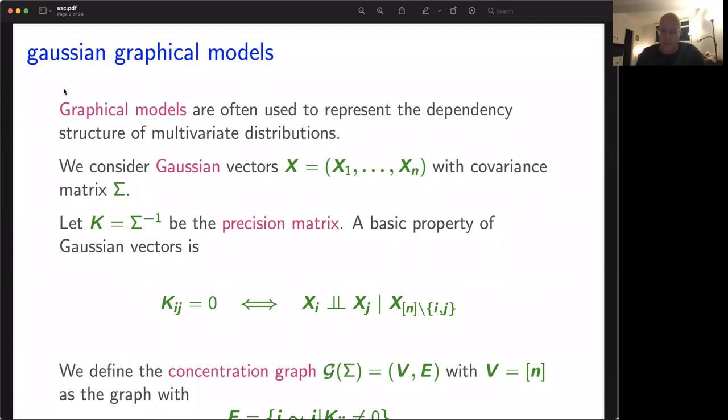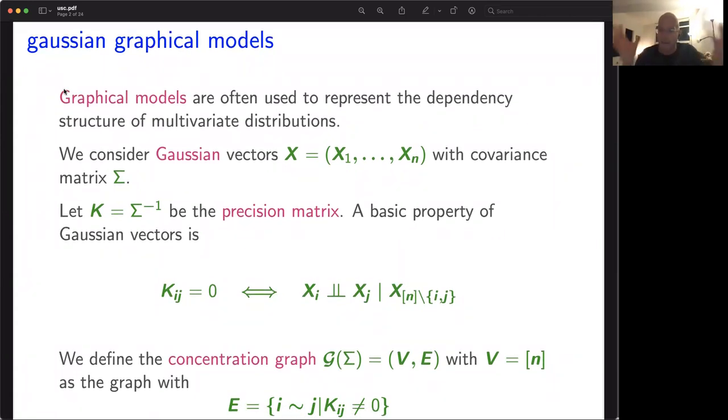So what are these graphical models? If you have a high dimensional, let's say Gaussian vector, but graphical models also exist for binary vectors and for other types of distributions. But for Gaussians, things are really nice. So if you have a high dimensional multivariate Gaussian vector, and think about n as 100,000 or a million, something really big. That was our main motivation.